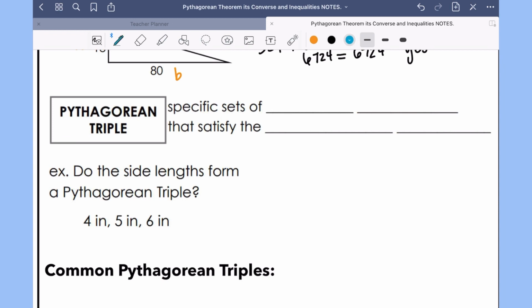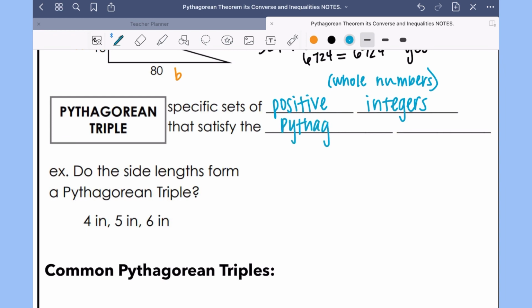These are specific sets of positive integers, and that's another word for whole numbers. So if you want to put in parentheses, whole numbers. These are whole numbers that satisfy the Pythagorean theorem. So what does that mean?